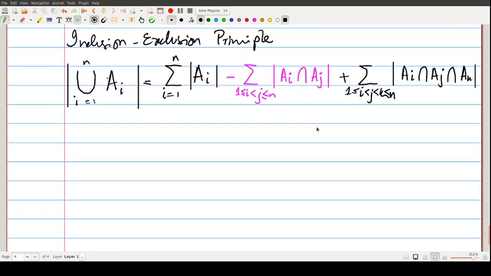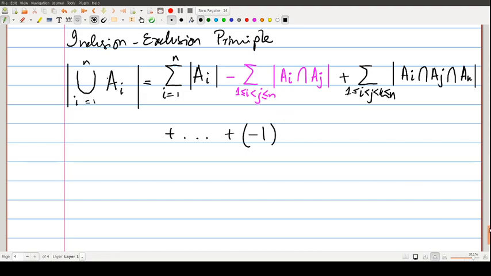Okay, and so I can write the general term now, which is plus dot dot dot. Actually, instead of writing the general term, let me just write the n-th term. The last term in this entire thing is going to be minus 1 to the power something.